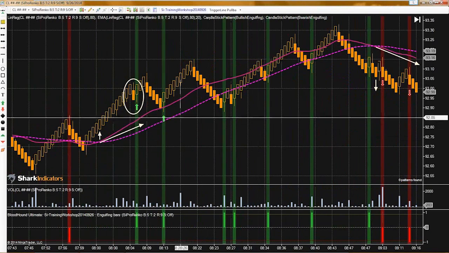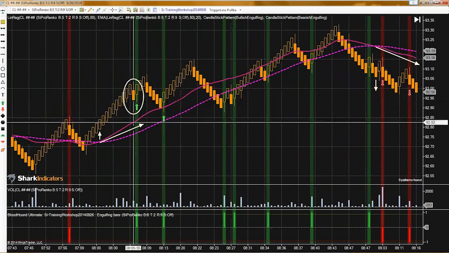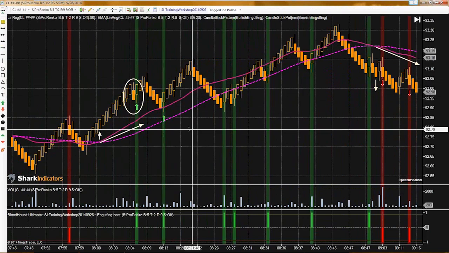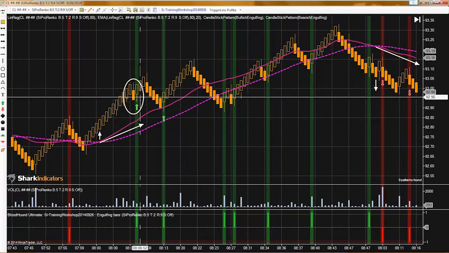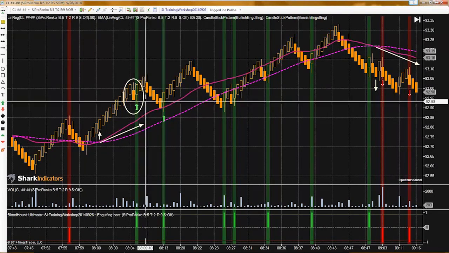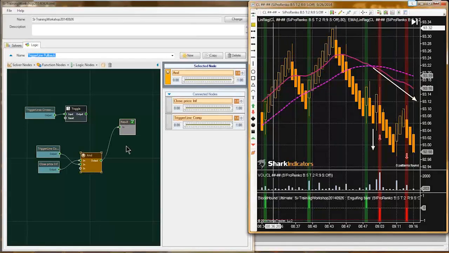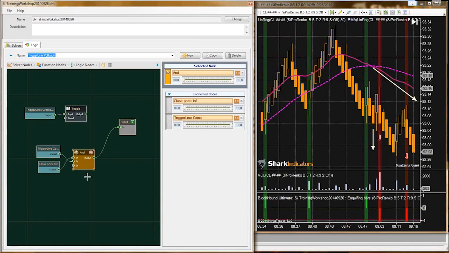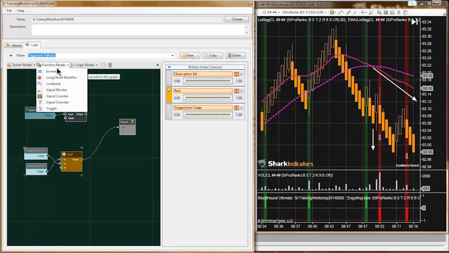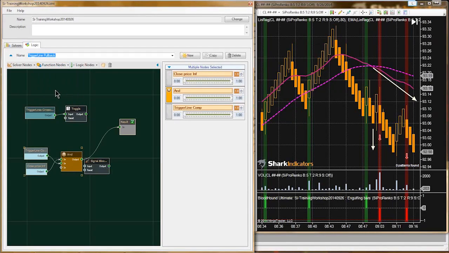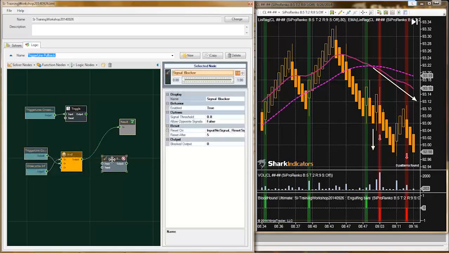Alright, so there's all of our pullbacks when we're in this long state. But let's say we only want to take the first signal again. So we'll take a little simpler approach, and we'll just use the signal blocker.